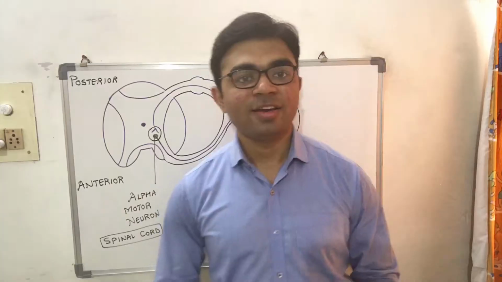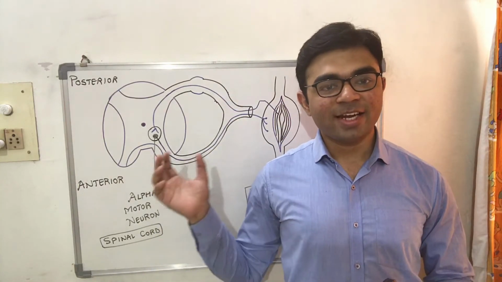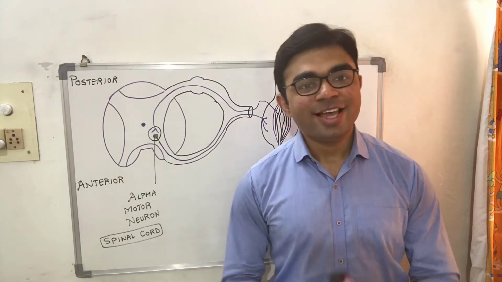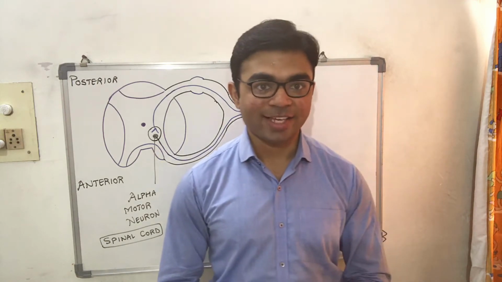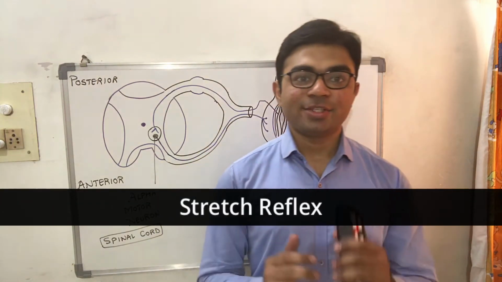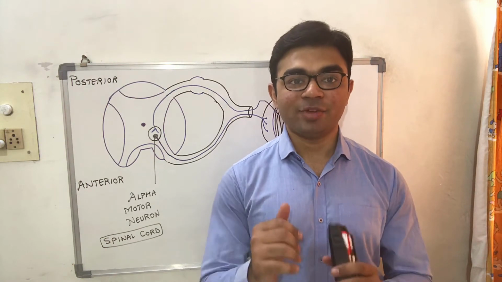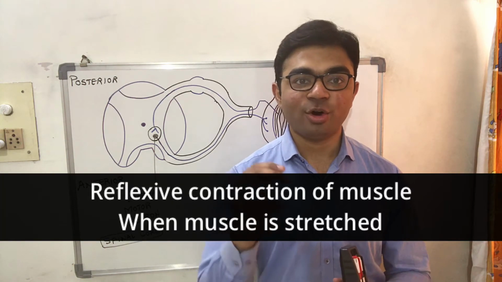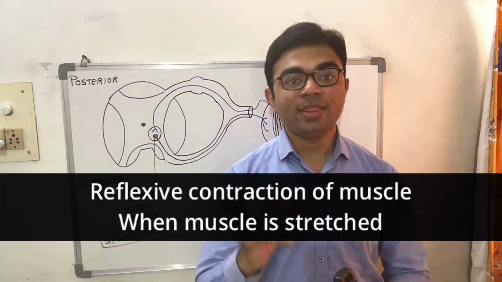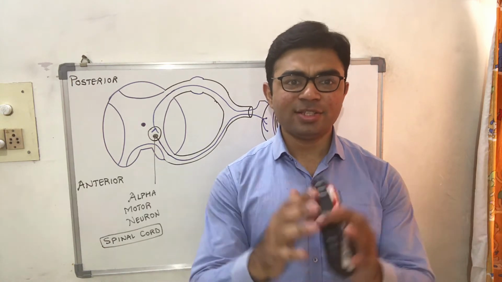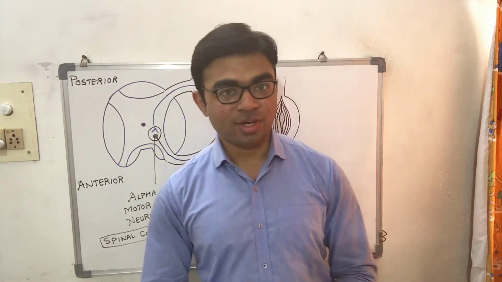Before we understand the function of the muscle spindle, let us first focus on the stretch reflex. So what is the stretch reflex? Basically, the stretch reflex is a reflexive contraction of the skeletal muscle when the muscle is stretched. That is the most basic thing about the stretch reflex.